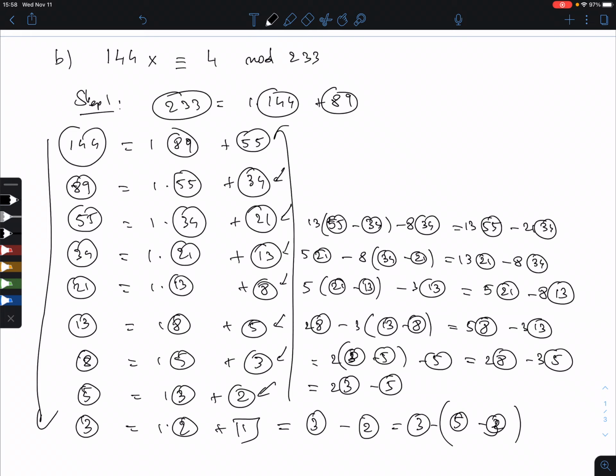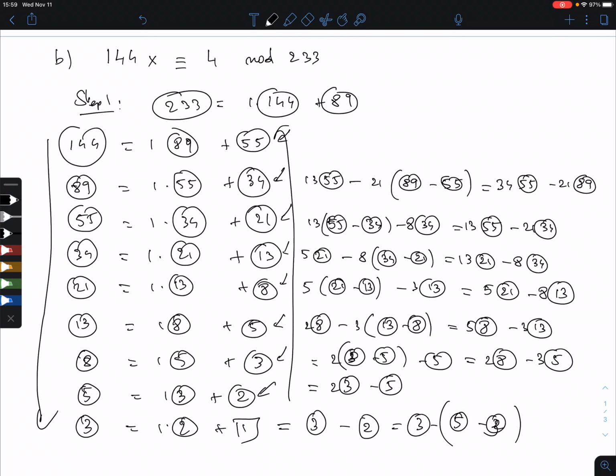34, 13 times 55 minus 21 times (89 minus 55). So that is 13 plus 21, that's 34 times 55 minus 21 times 89.